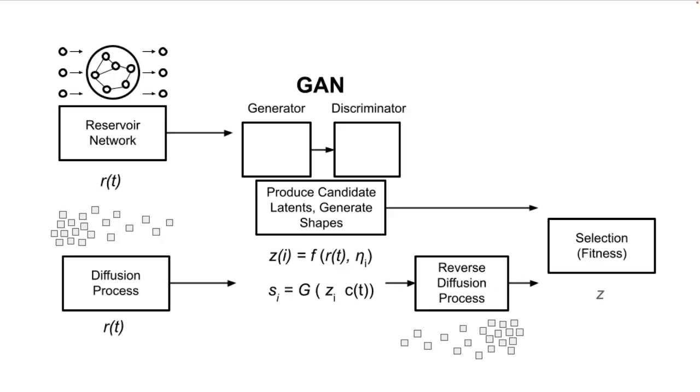That's why, when we use a diffusion process, we have to go through the forward process, the GAN, and then the reverse diffusion process. And that gives us this function S of I, which is basically this time series that gives us this product, the same thing that we get with the reservoir network plus GAN.